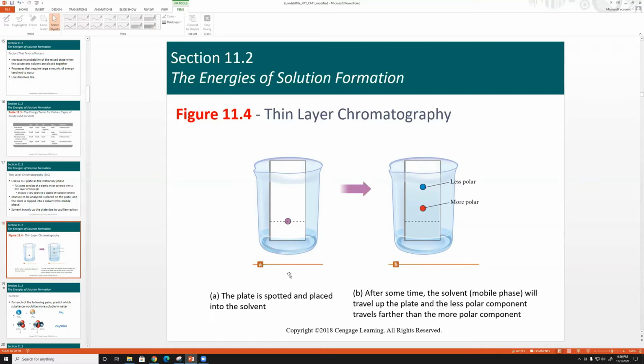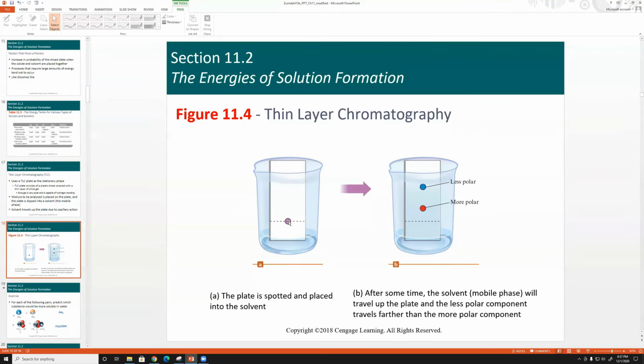So if you have something that is polar, it will tend to stick to the silica more. Then you can have a solvent on the bottom. The solvent will ride up the silica due to adhesion.